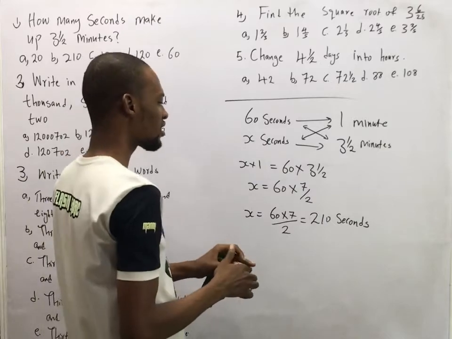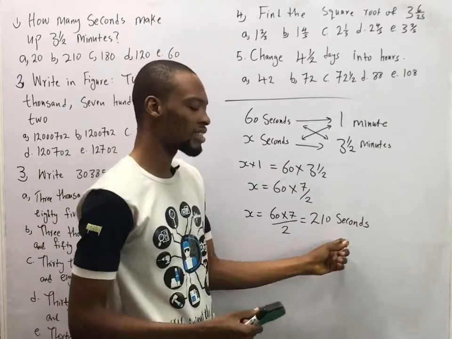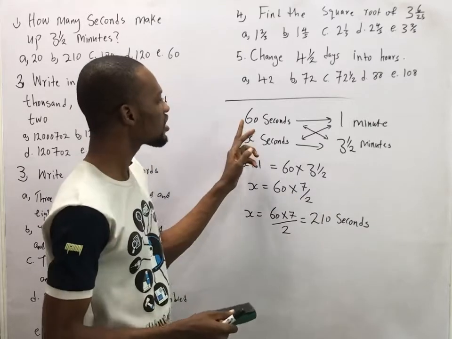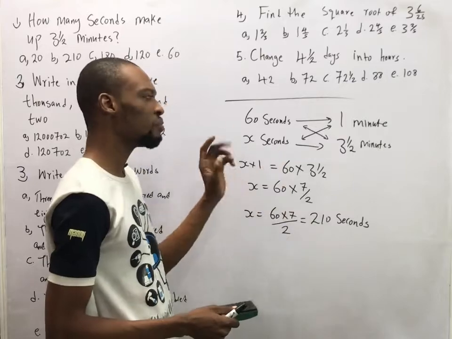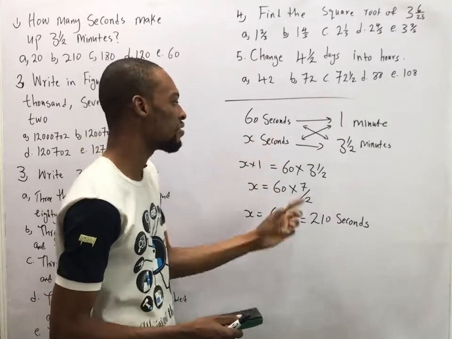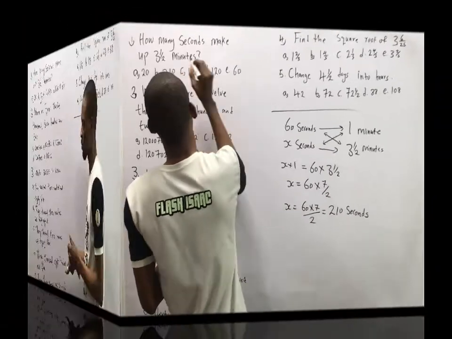So if you say 60 times 7 divided by 2, the answer is 210 seconds. So 60 seconds make 1 minute, 210 seconds makes 3.5 minutes. That is the answer to that question, which is option B.